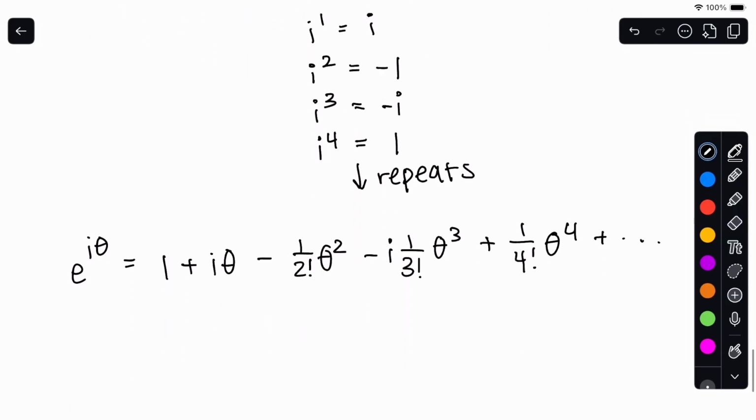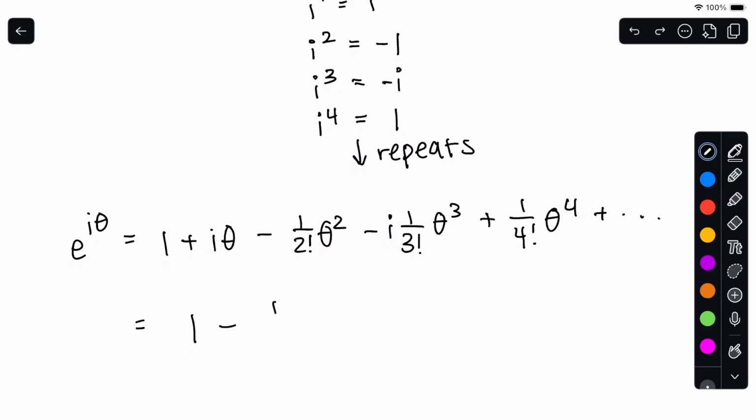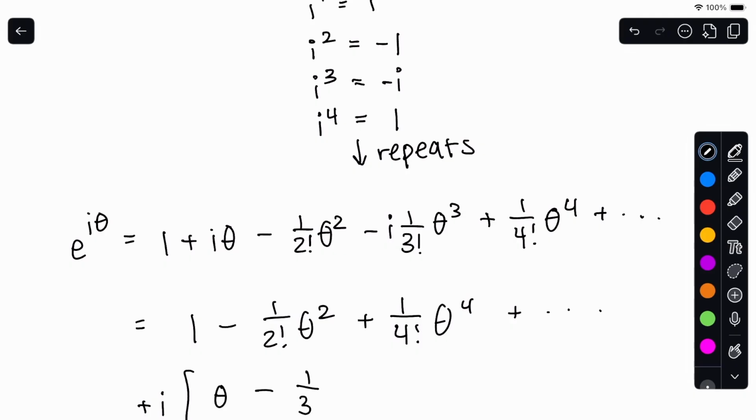And we can actually group these in terms of purely real and purely imaginary components. On the one hand, we have 1 minus this plus this, and so on. And then we have the purely imaginary component, which is this.